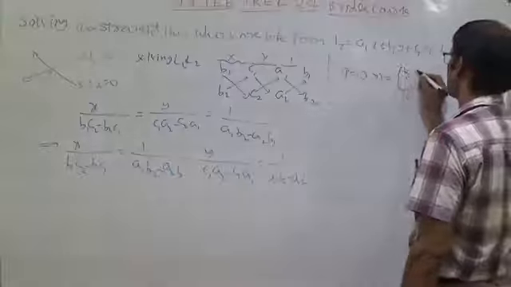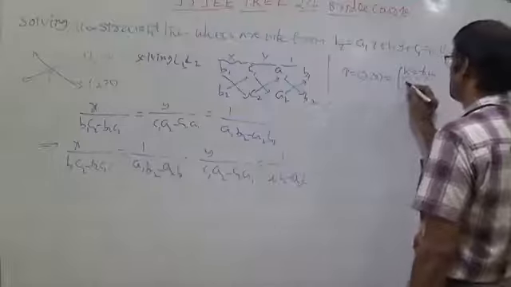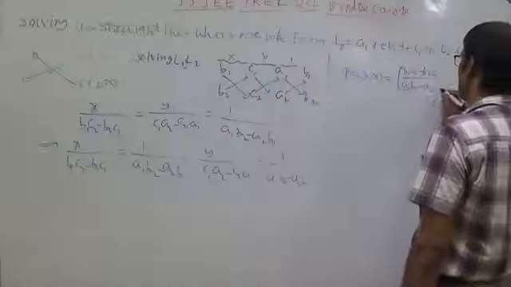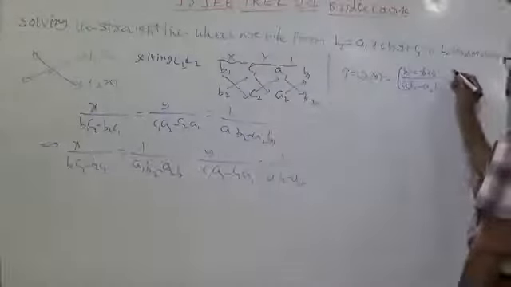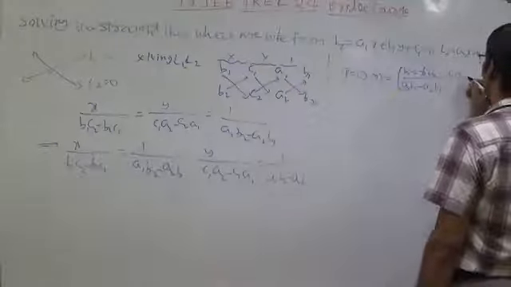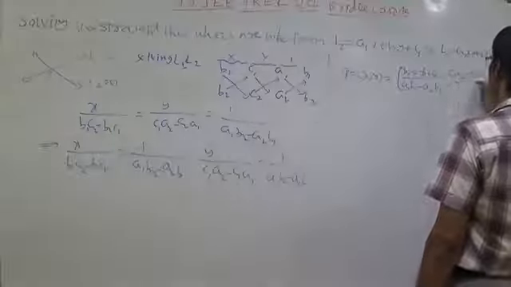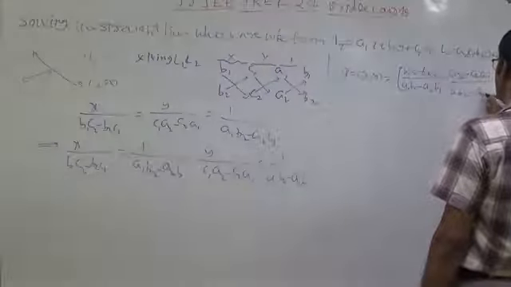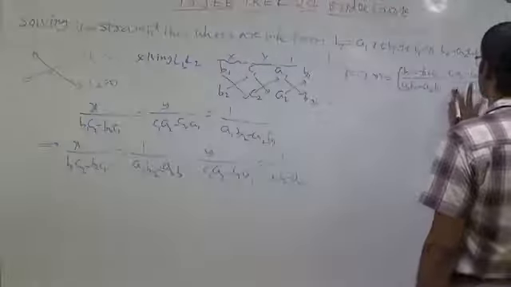You can write here B1C2 minus B2C1 by A1B2 minus A2B1, comma, C1A2 minus C2A1 by A1B2 minus A2B1.